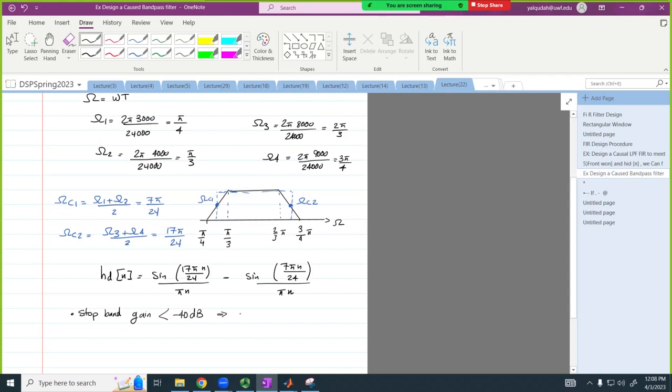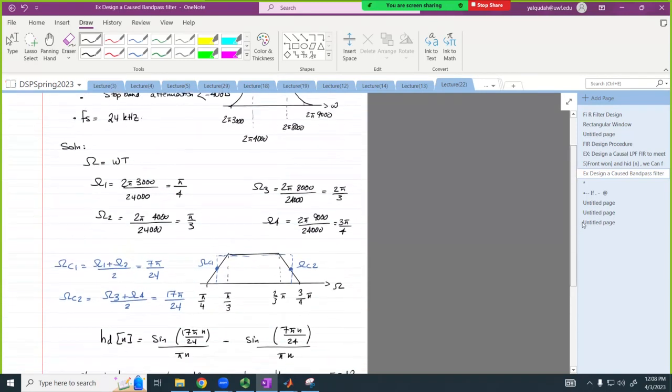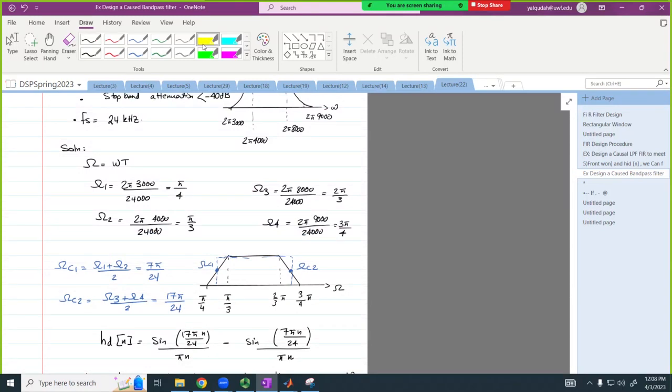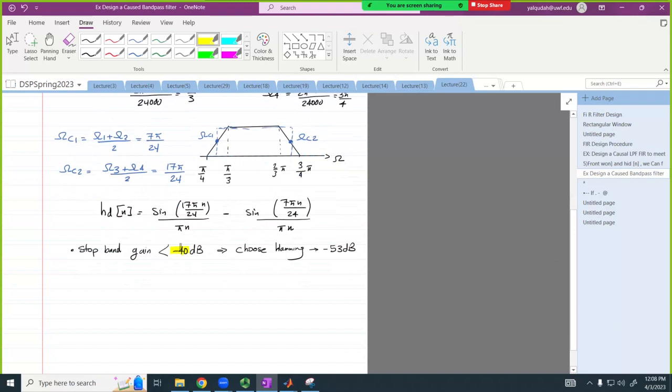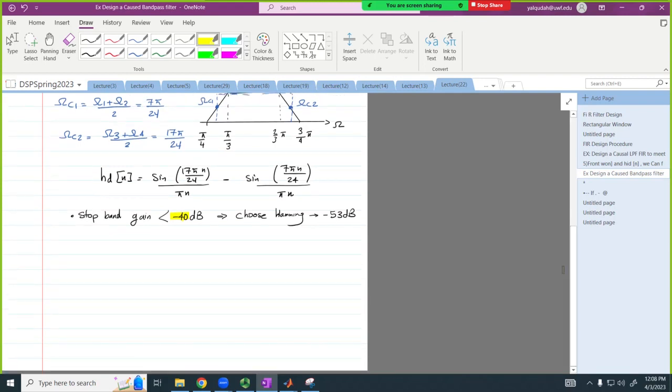So we're going to choose again Hamming, which is going to give us negative 53 dB. Again, we have the stop band attenuation that is specified to be 40 dB. So from that attenuation, we go to our table and see which one is going to be able to give us 40 dB. And since the Hamming can give us negative 53, we can choose the Hamming.